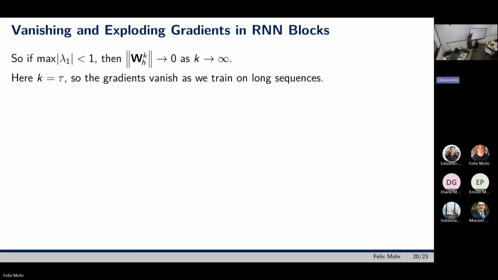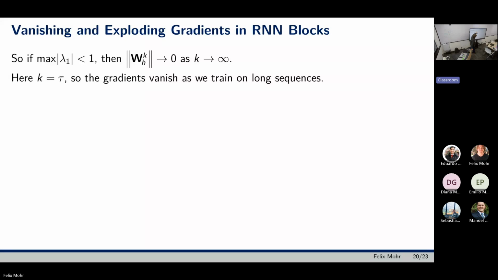If the dominant eigenvalue, the maximum entry, is smaller than 1, then I have this problem, because if it's like this for the biggest one, then it's certainly like this for all the others. Then all the values converge to 0, no matter which matrix norm you use, be it the Frobenius norm or whichever.